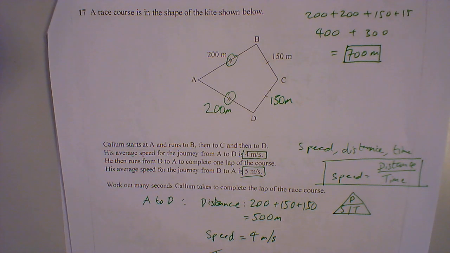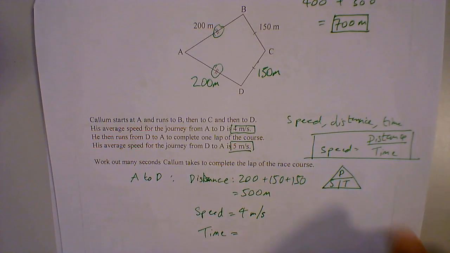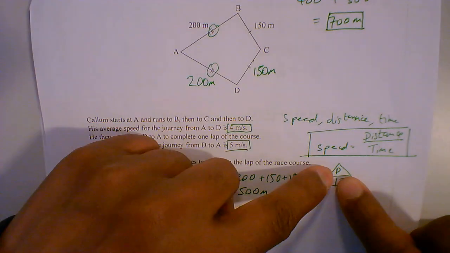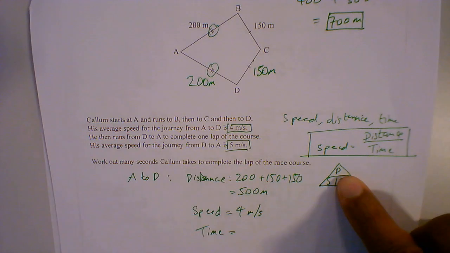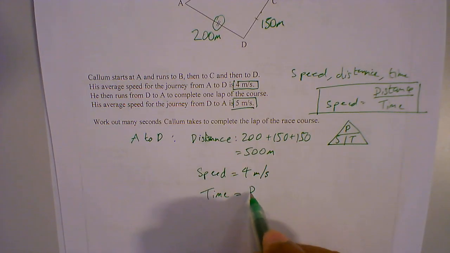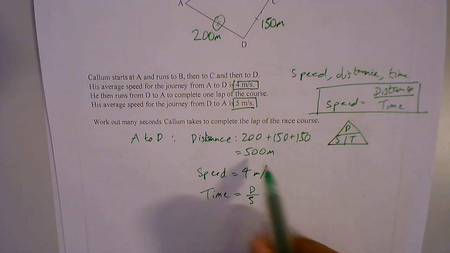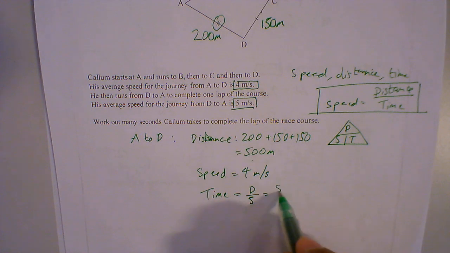I don't know what the time is, so I can now work out the time. If I cover time, I can see it's distance divided by speed. So time is distance divided by speed. My distance I just worked out to be 500, divided by 4.